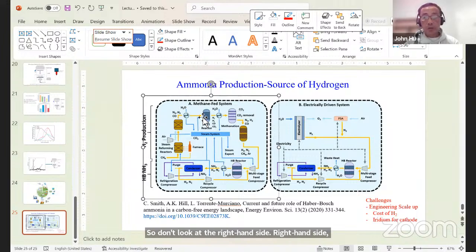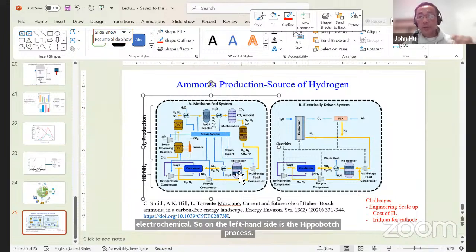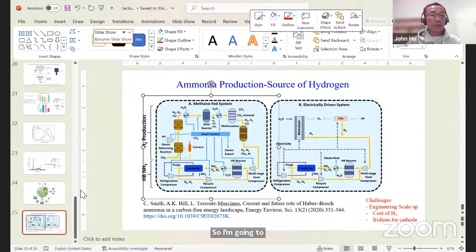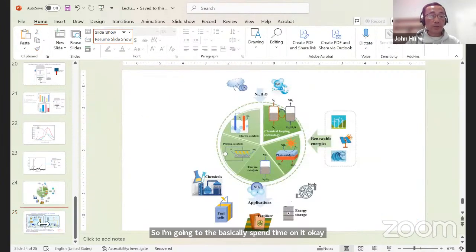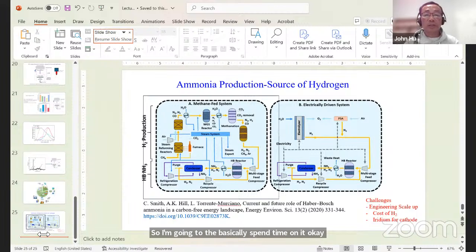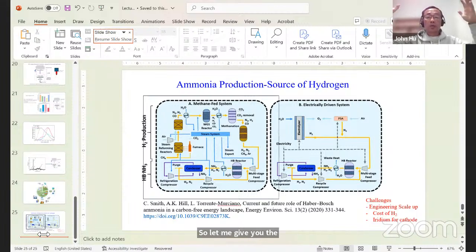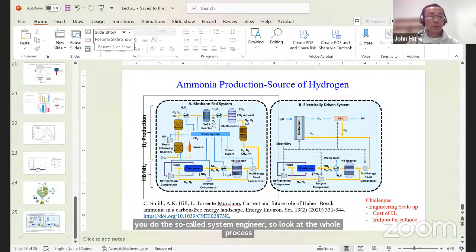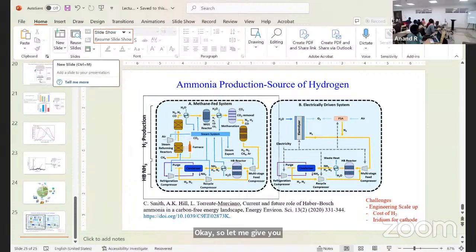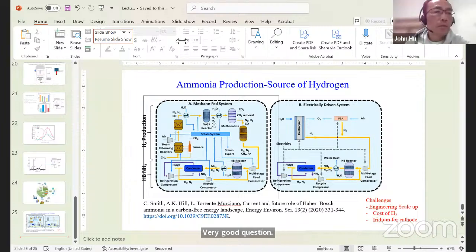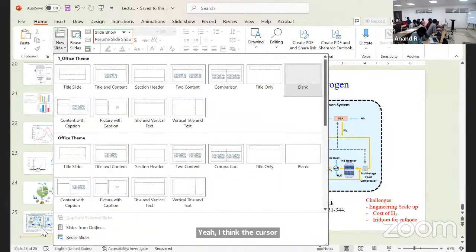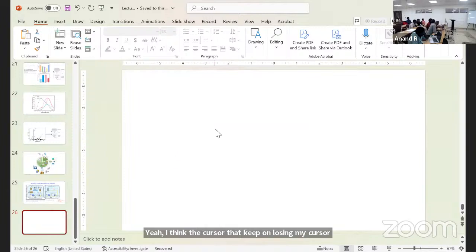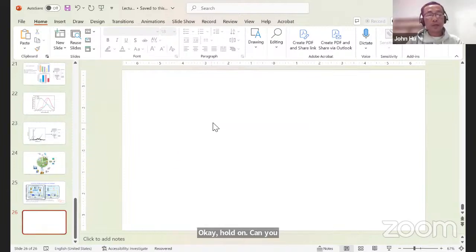So I'm going to spend time on this. Okay. If you do the so-called system engineering, you look at the whole process. I keep losing my cursor. Okay, hold on. Can you see this blank slide? Okay. Energy.